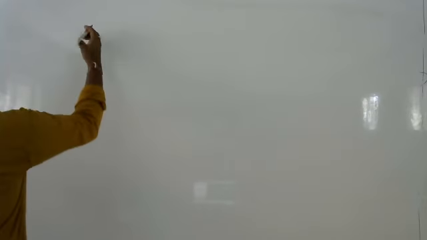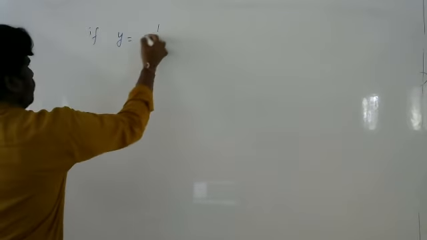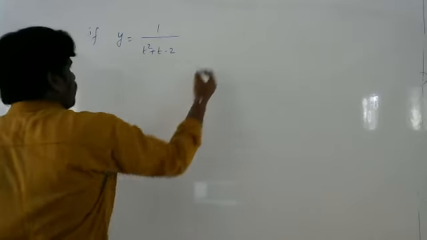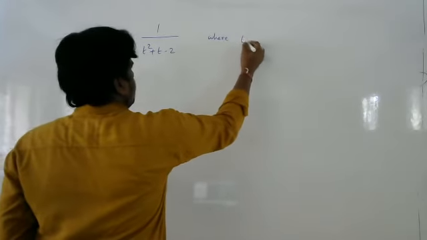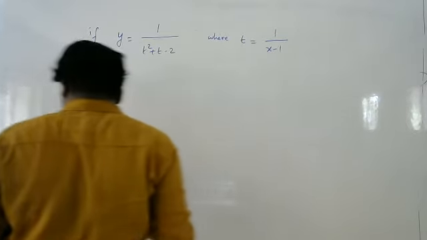One of the important questions, make it star. It is a previous year question. y is equal to 1 upon t square plus t minus 2, where t is equal to 1 upon x minus 1.